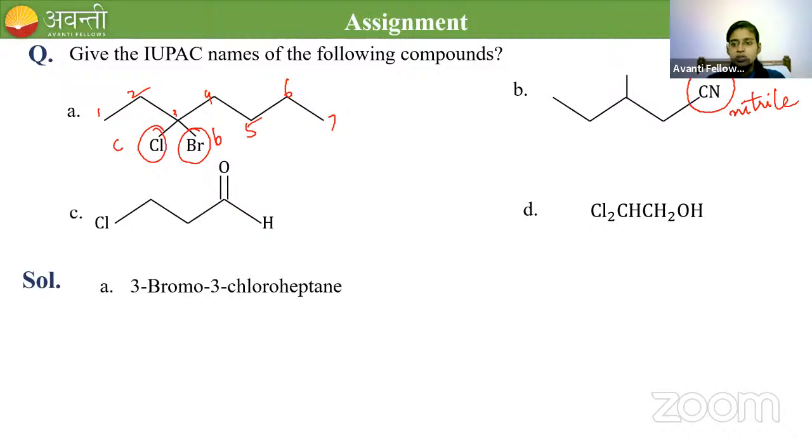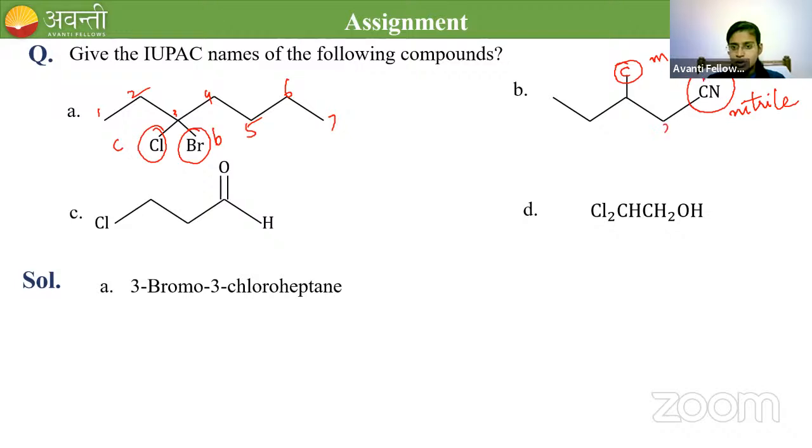Now check for the other substituent. The other substituent is methyl. So we have one carbon, right? So this is methyl. Now you have to number the carbon atoms in the parent chain. The parent chain is the straight chain. I have to start the numbering from the CN carbon, okay?